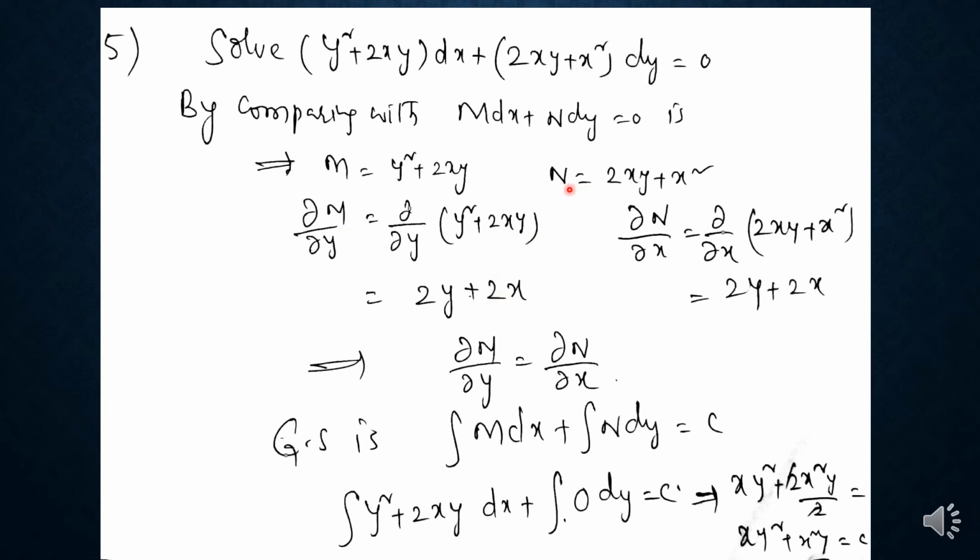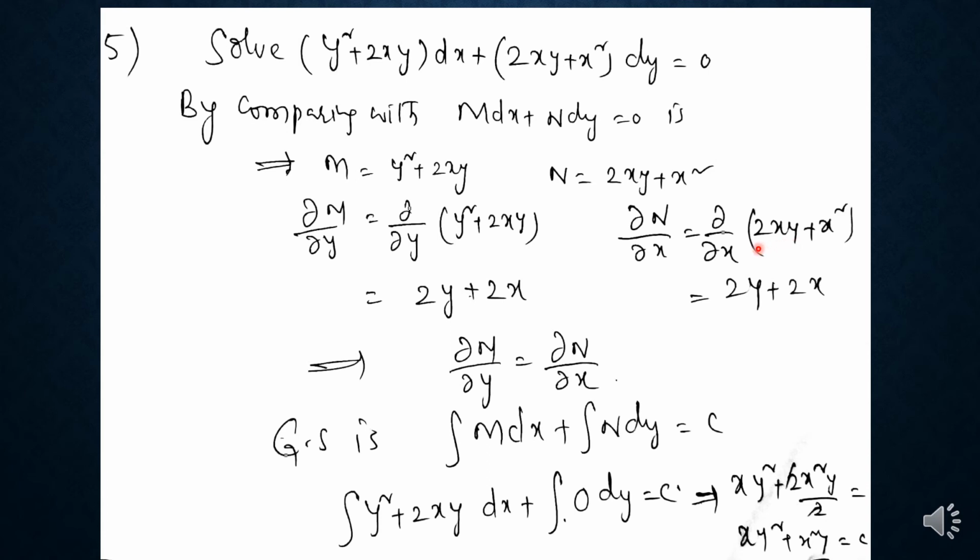Now coming to N is equal to 2xy plus x square. Now find the partial derivative of N with respect to x. That is dou by dou x of 2xy plus x square. Here we are differentiating with respect to x and taking y as constant. So dou by dou x of 2xy, here y is the constant.